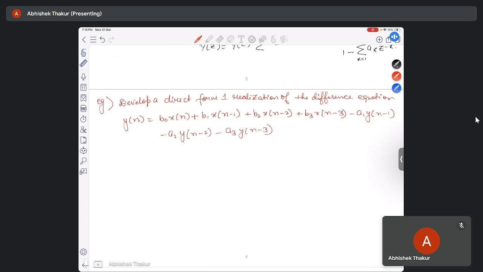So we have to represent the direct form 1 realization. So first we take the Z transform. So when we take the Z transform, what we will get?